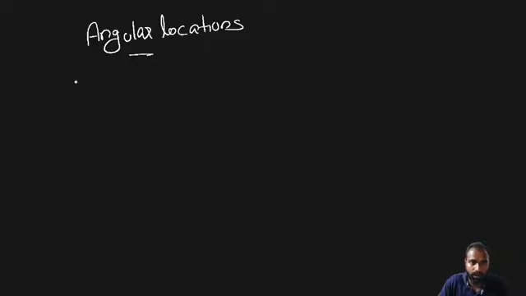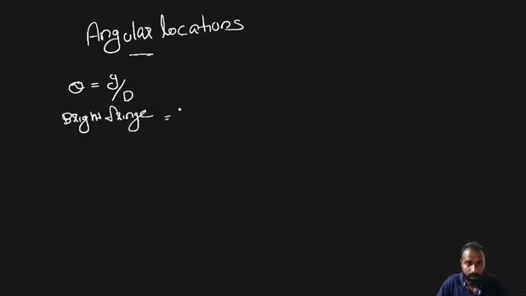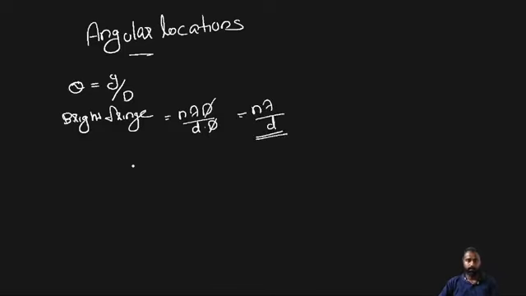From the figure, it was clear theta is equal to y by capital D. For a bright fringe, y is n lambda D by d, so theta is n lambda by d.